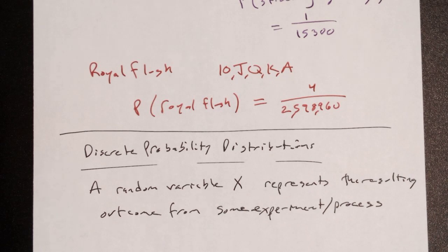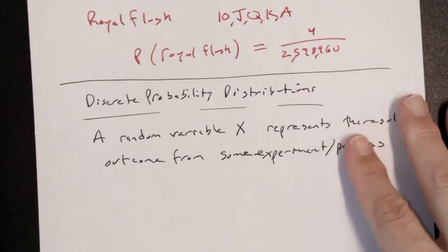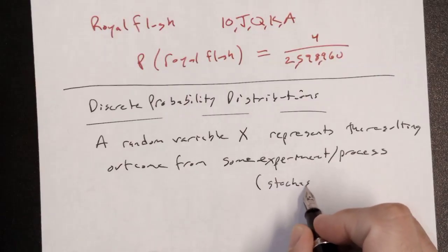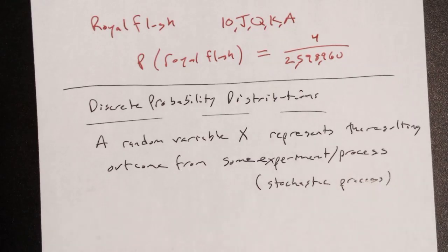You'll often hear this experiment referred to as a stochastic process. Stochastic is a fancy word meaning it happens a finite way, a finite time. It's just bonk, bonk, bonk. We do it over and over.